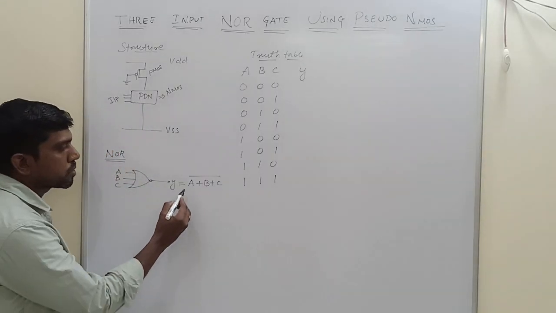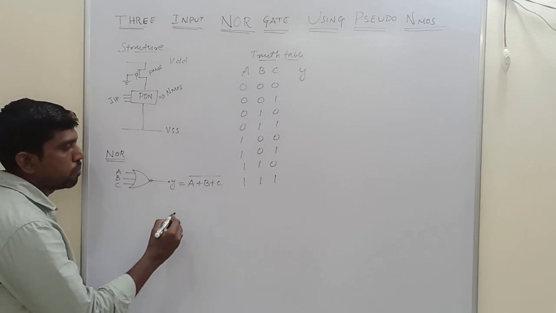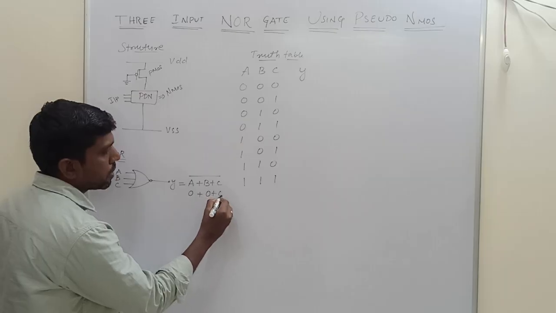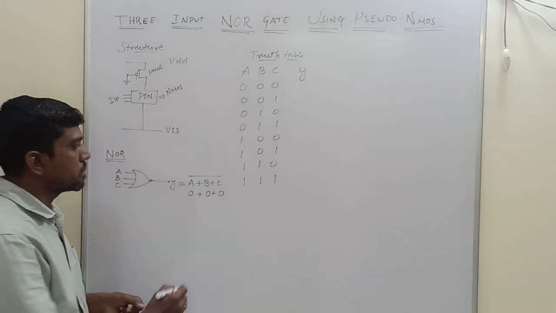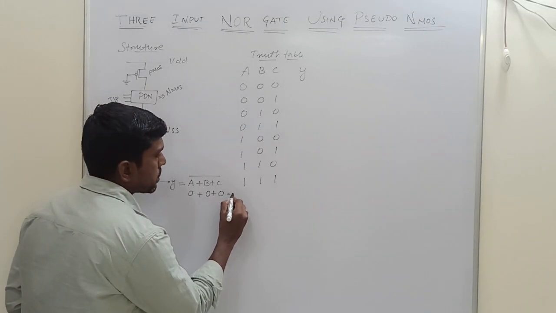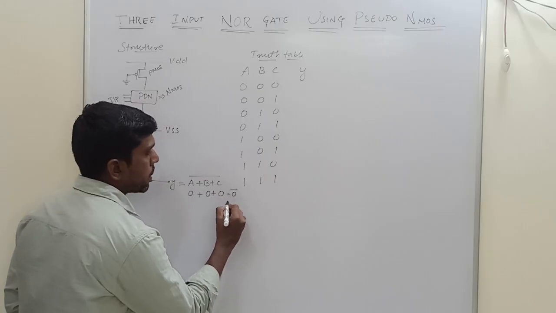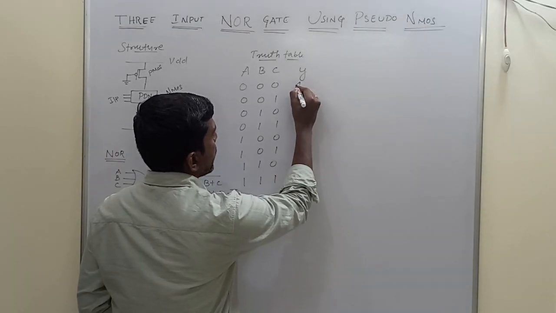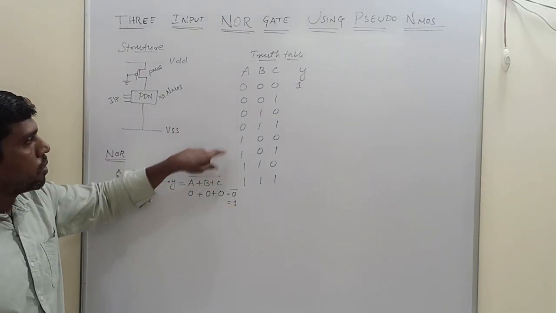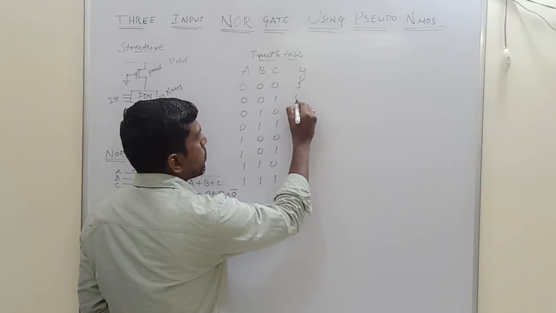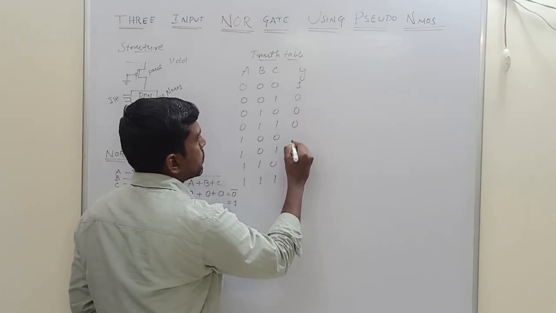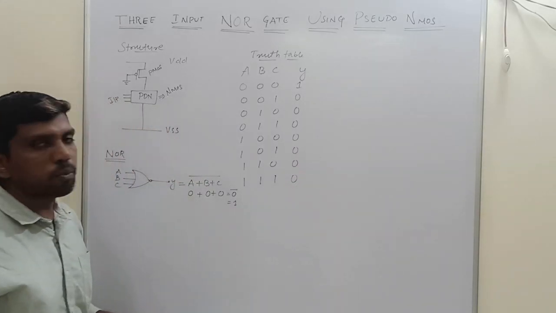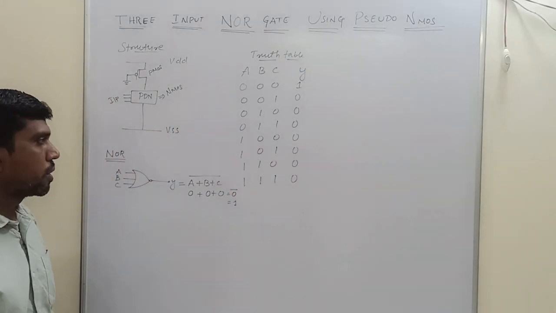Here the output is (A plus B plus C) the whole bar. A is 0, B is 0 and C is 0. Adding these 3 values, 0 plus 0 plus 0, the result is 0. The complement of 0 is 1. So here Y is 1. In all the remaining cases, the output is 0, because the NOR gate output is the complement of the OR gate.